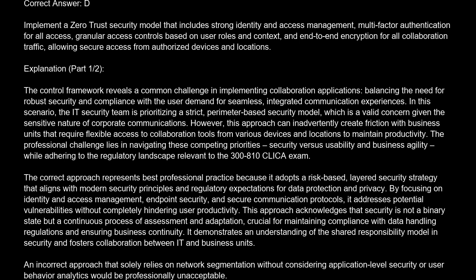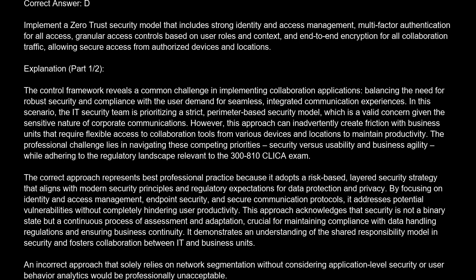300-810 CLICA exam. The correct approach represents best professional practice because it adopts a risk-based, layered security strategy that aligns with modern security principles and regulatory expectations for data protection and privacy. By focusing on identity and access management, endpoint security, and secure communication protocols, it addresses potential vulnerabilities without completely hindering user productivity.